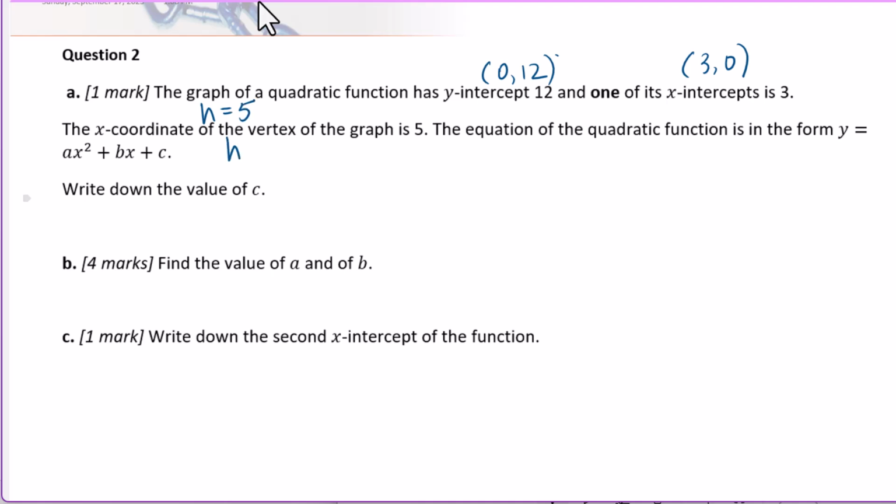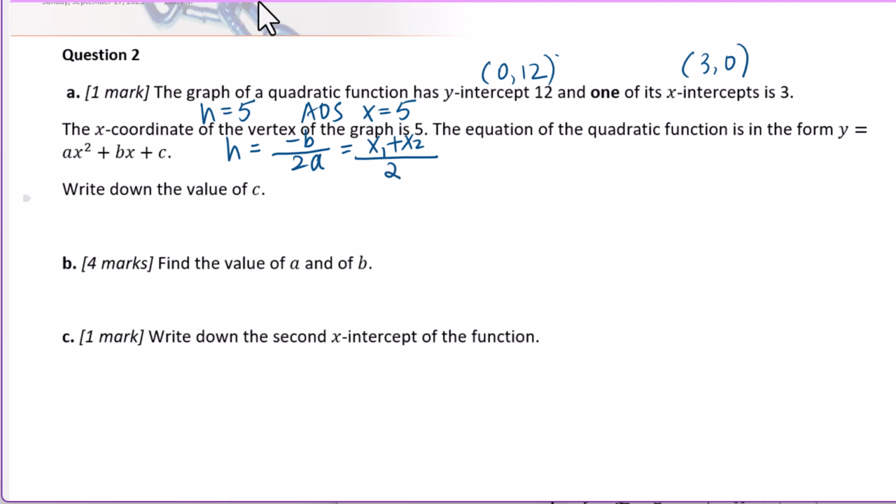This h is the AOS, axis of symmetry, x equals 5. Also, this h equals -b over 2a, which also equals (x1 plus x2) over 2.